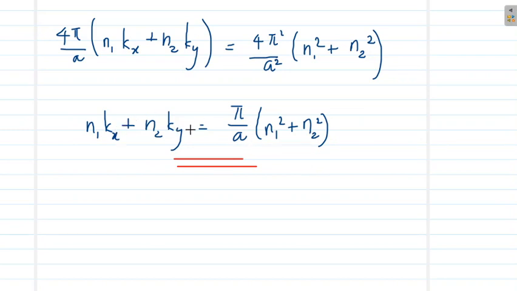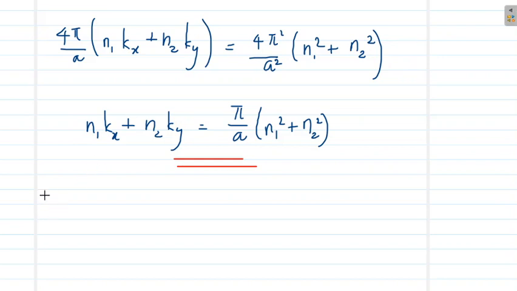Here kx and ky are the wave vector components along the x direction and y direction of the electron. n1 and n2 are integers. Now, whenever this condition is satisfied, the electron wave function cannot exist because electrons will be diffracted and cannot propagate. So, what are the minimum values that we can choose?